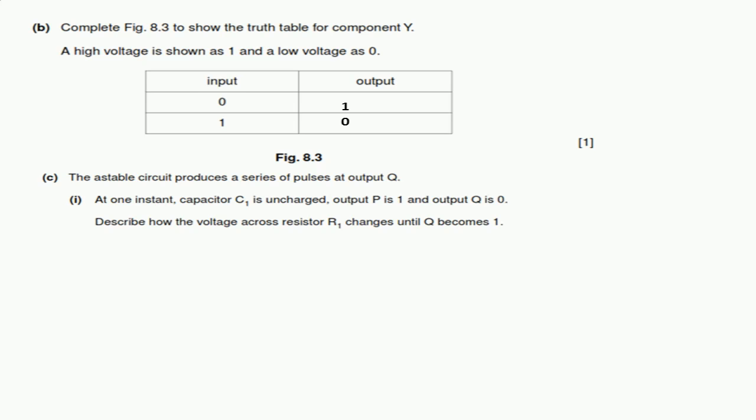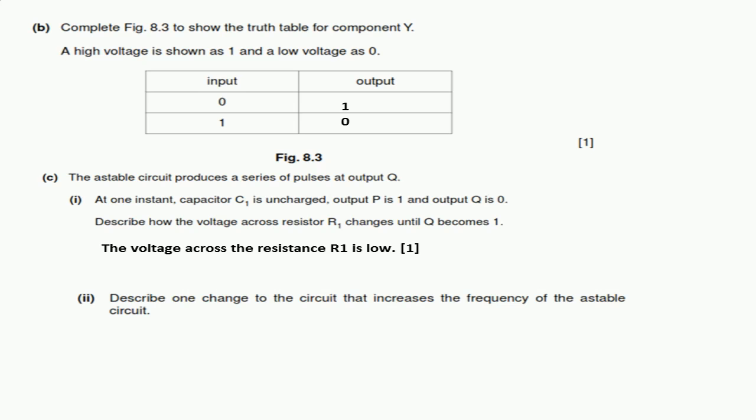Describe how the voltage across resistor R1 changes until Q becomes 1. Dear student, the answer to this question is very simple: the voltage across the resistor R1 is low.